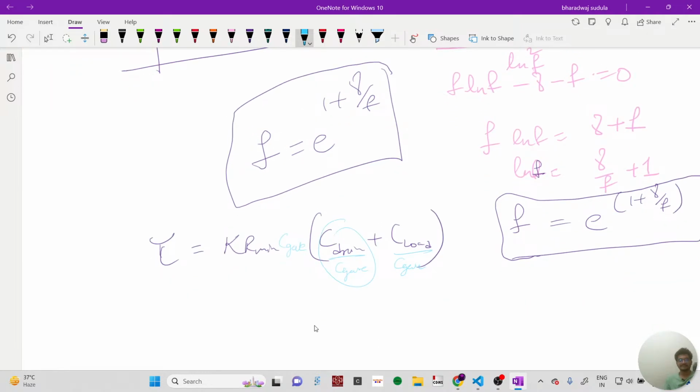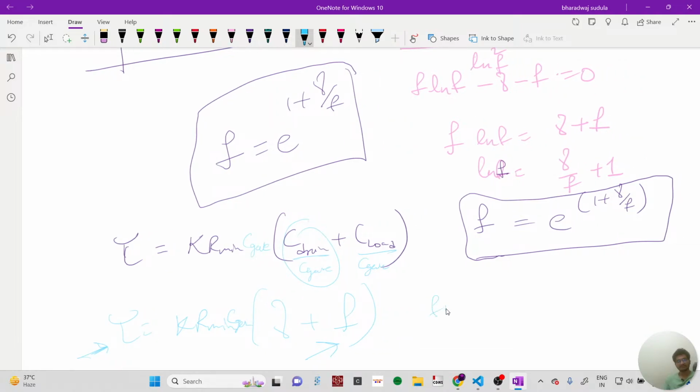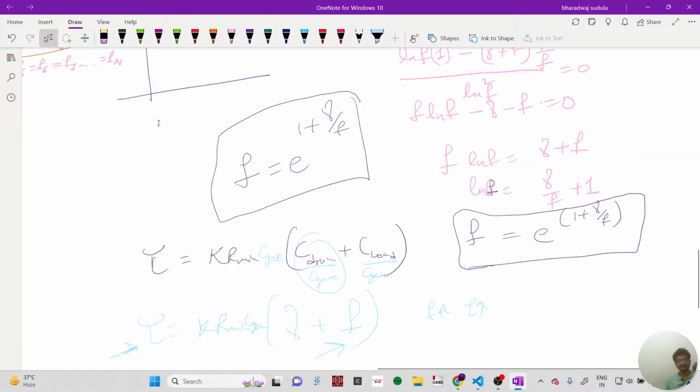So this entire thing is gamma plus this thing is fan out. So K R min C gate tau. So delay depends on fan out. It is directly proportional. If the fan out is high, delay will be high. Correct?